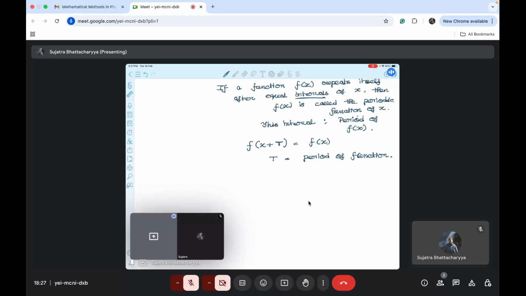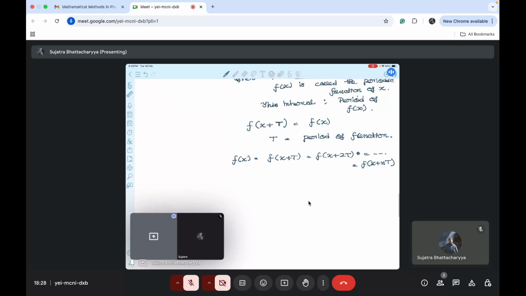To elaborate further, you can write f(x) = f(x + T) = f(x + 2T), and so on, equal to f(x + nT). That's all. So after every gap of T, the function remains the same as at the starting point x.